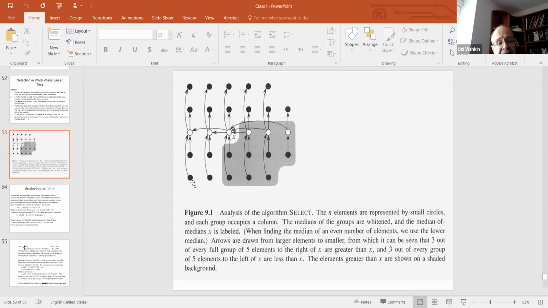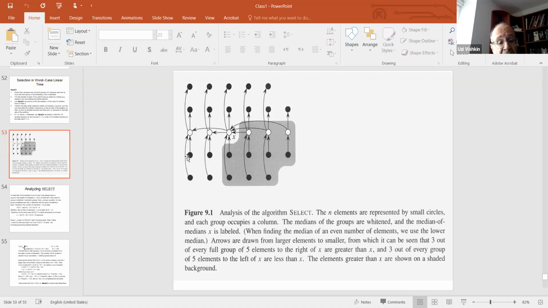Now, this implies the arrows going here, because by determining the middle, the element that is exactly in the third location, meaning 2 elements are smaller and 2 are larger, we put the ones which are larger below, the ones which are smaller above, and the arrows represent the larger than or equal relationship.